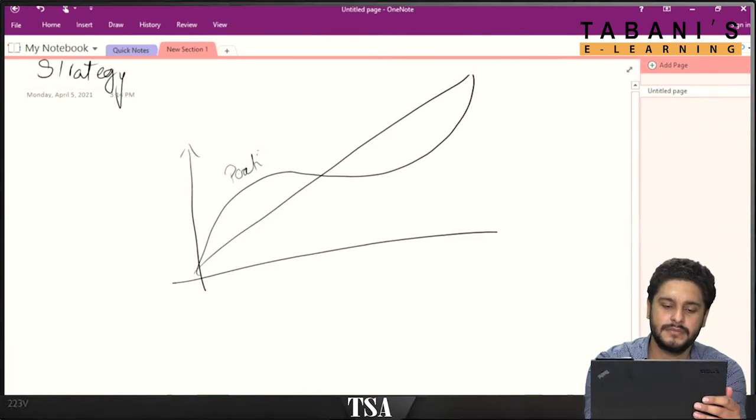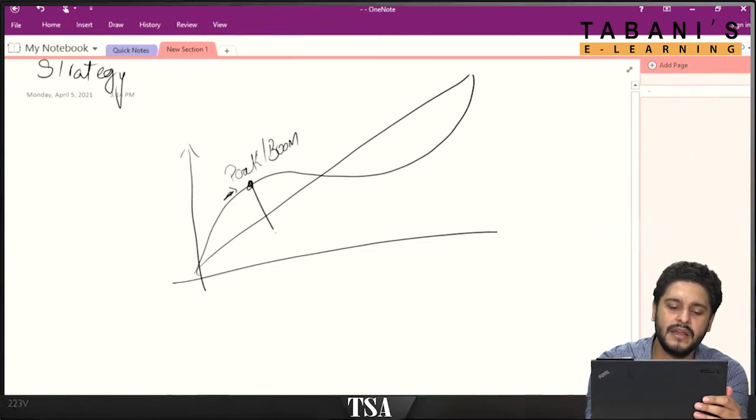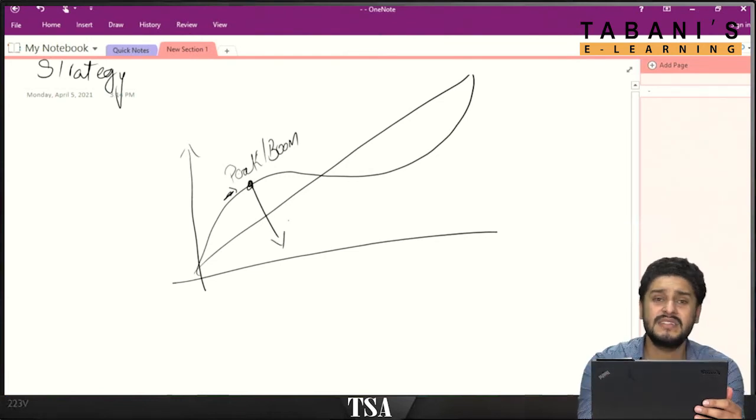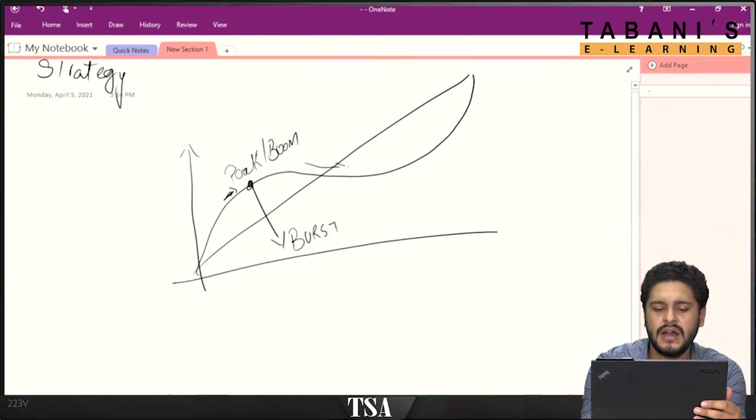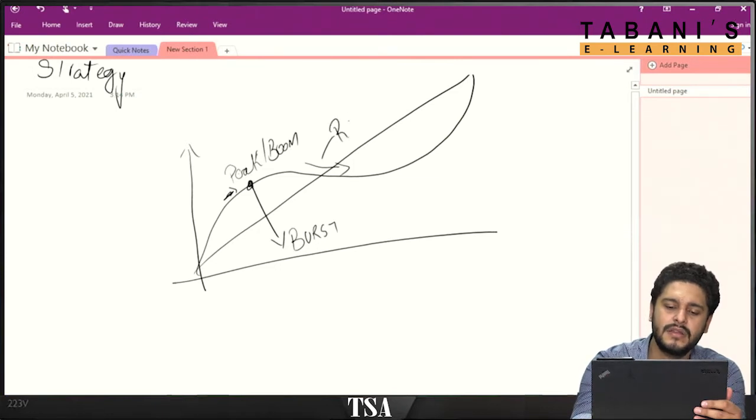peak or boom, and this area where the economy reaches its maximum, I may call it the burst. After this comes the recessionary phase.